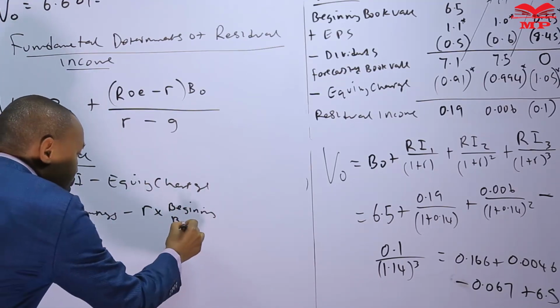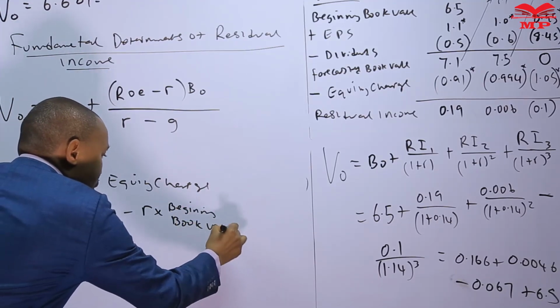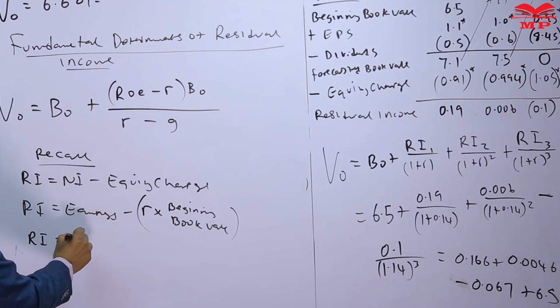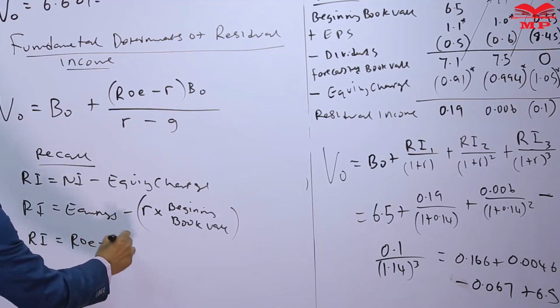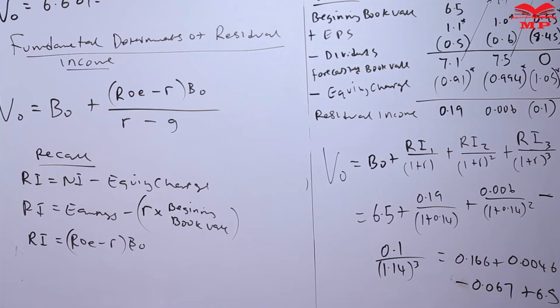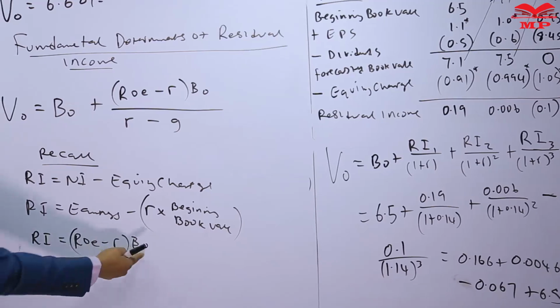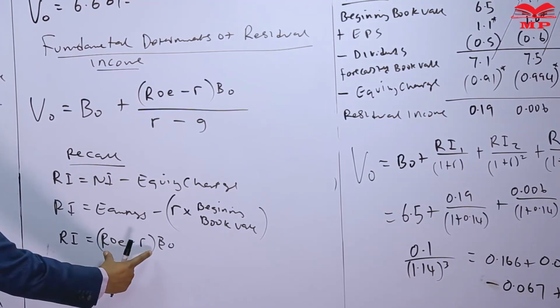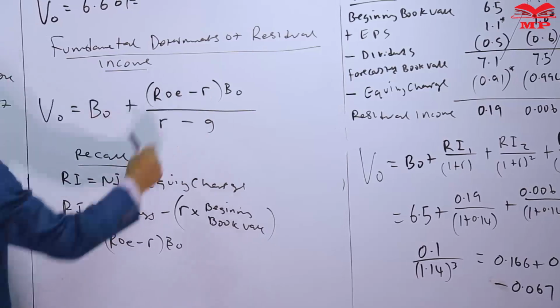We also said that residual income is given as ROE minus R times B naught, the beginning book value. So multiplying ROE, or return on equity, minus the required return by the beginning book value gives us the residual income. And this is what we've just done over here.